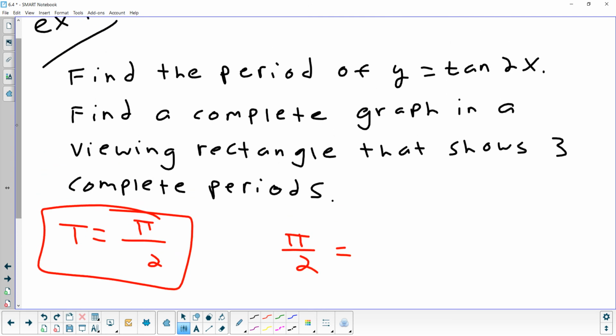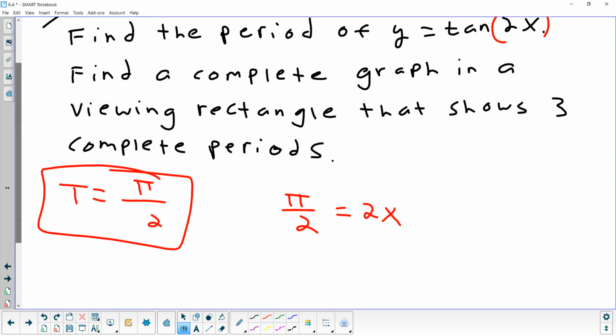What's the argument in this case? 2x. It's this whole thing. Right? So set that equal to 2x. And how would you solve that? Yeah. I mean, the 2's just cross out, so you're just left with times x.